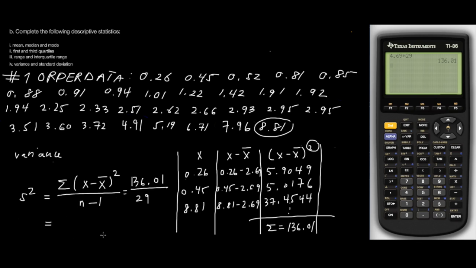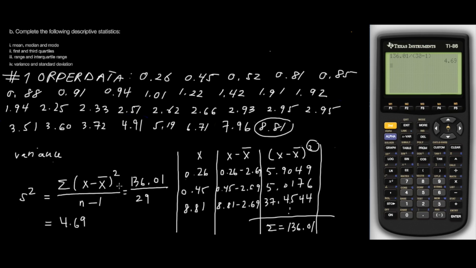This gives us 136.01 divided by our sample size of 30 minus the 1, don't forget that, which would give us a total of 4.69. So that is our variance.